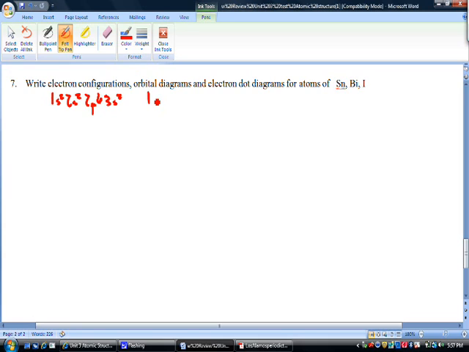Orbital diagrams look at the orbitals: 1s, which can hold 2 electrons, 2s, which can hold 2 electrons, 2p, which has actually 3 orbitals and can hold up to 6 electrons.